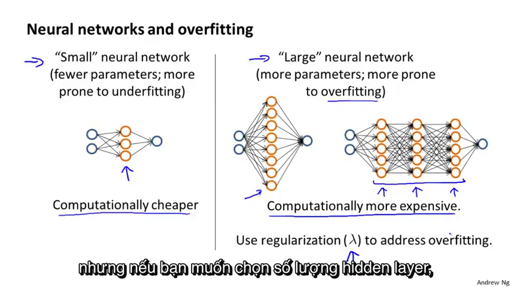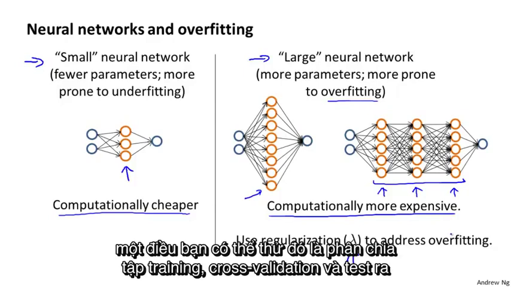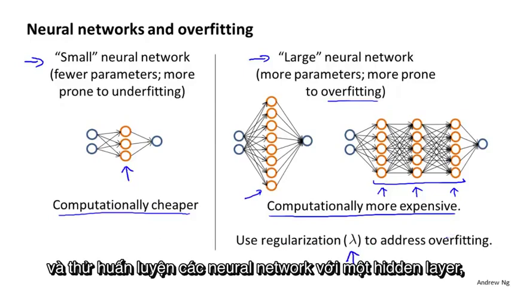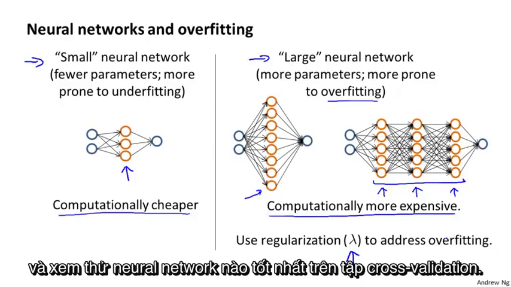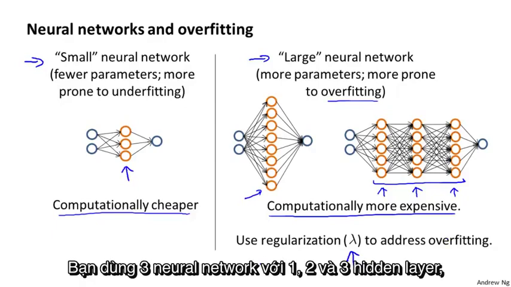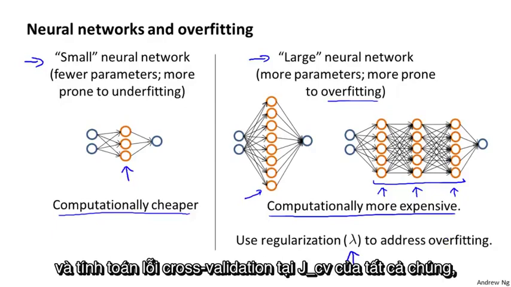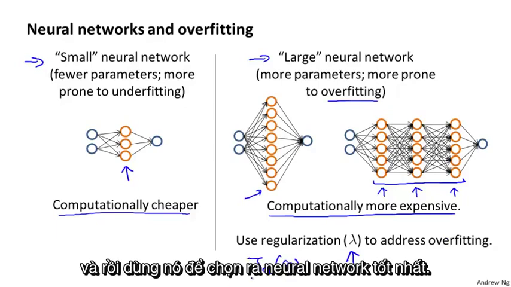But if you want to choose the number of hidden layers, one other thing you can try is find yourself a training, cross-validation, and test set split, and try training neural networks with one hidden layer, two hidden layers, and three hidden layers, and see which of those performs best on the cross-validation set. So you take your three neural networks with one, two, and three hidden layers, compute the cross-validation error J_CV on all of them, and use that to select which of these is the best neural network.